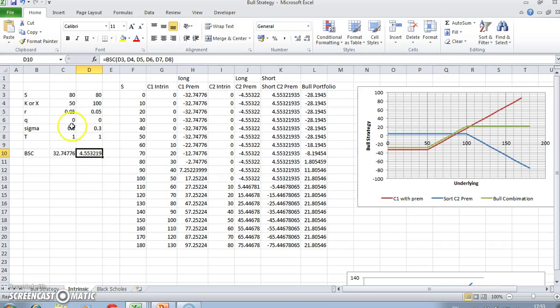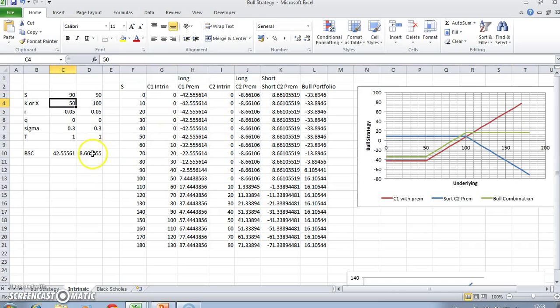And we can keep adjusting that. If this price is a little bit higher, 90, we see this value goes up, and so on. And we can keep tweaking our values here, but it's important that this is equal to this. This value here is equal to this, and we can pull that down.